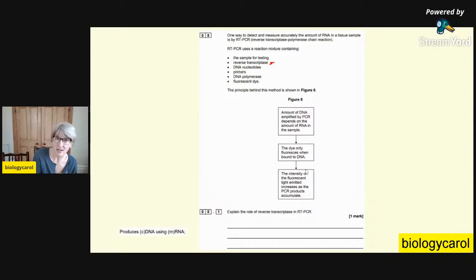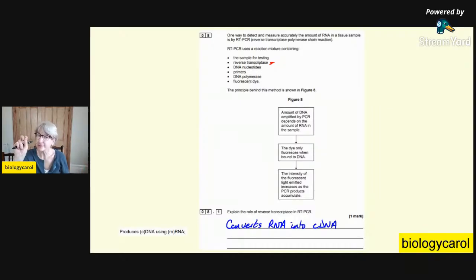And that is the same in this. So it's to turn the RNA into, now I'm being precise here, complementary DNA. In other words, the reverse transcriptase only turns that single-stranded RNA molecule, you could have said mRNA, absolutely fine, into single-stranded DNA.